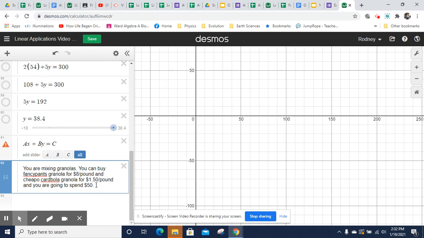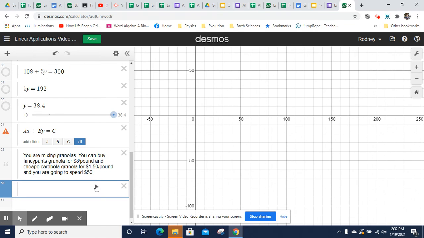Okay, so hopefully you have now come back from coming up with your equation, and perhaps here's what you came up with. Since it's $8 per pound for the fancy pants and $1.50 per pound for the cheapo, we can say $8 per pound times X number of pounds of fancy pants granola plus $1.50 per pound times Y number of pounds of cheapo Hardbola granola is going to equal $50.